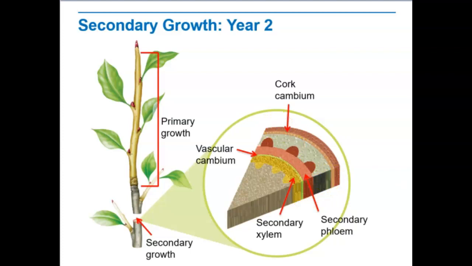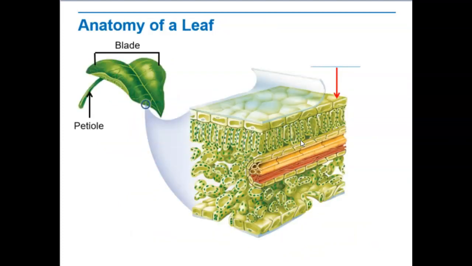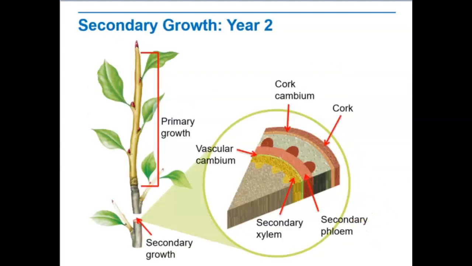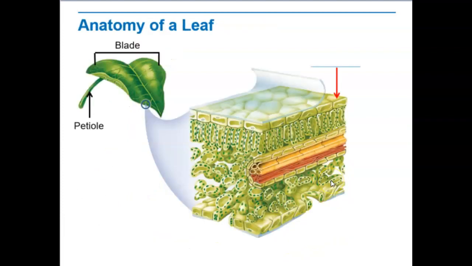Here is the cork cambium, which is a new thing that we're going to talk about. And the cork cambium and the cork would be what is commonly known as the bark on a tree. All right, so let's move on to leaves.